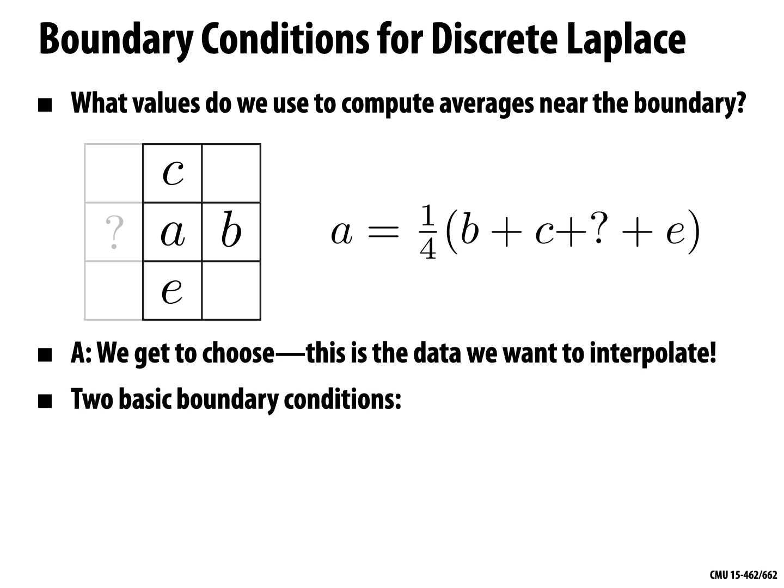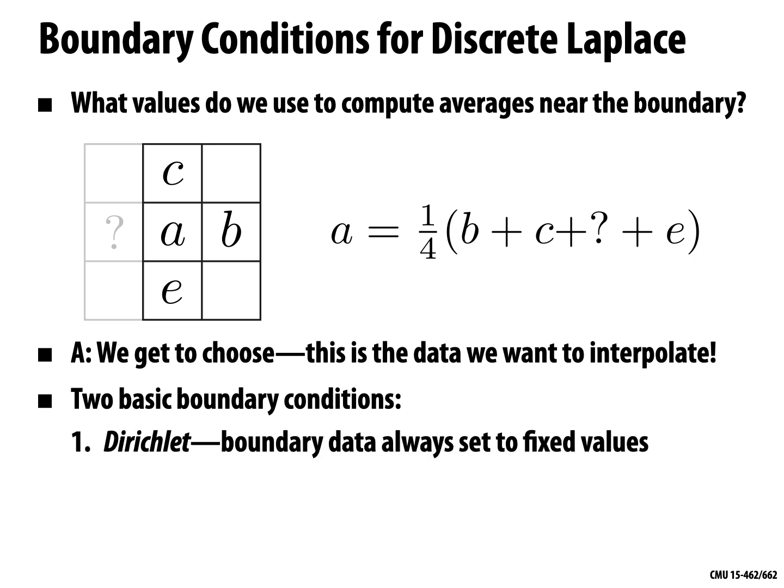In general, there are lots of different boundary conditions you might encounter in PDEs, but there are two very basic ones that show up over and over again. One are what are called Dirichlet boundary conditions, and that just means we want to set these boundary values to fixed values. I want to replace the question mark with some known constant.